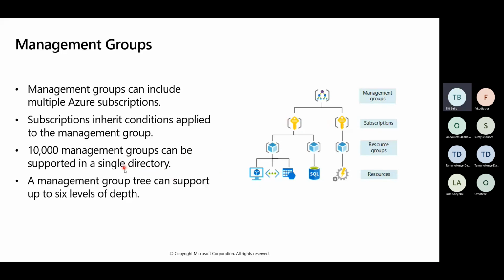So in that single Azure directory, you can have up to 10,000 management groups. And a management group tree can support up to 6 levels of depth. We have here 1, 2, 3, 4, but it can go that long.